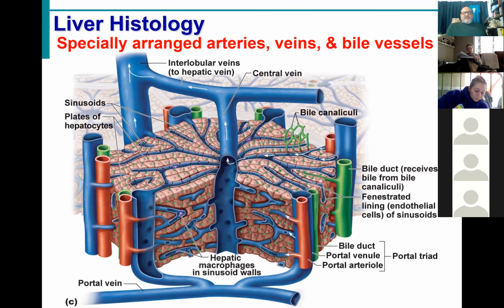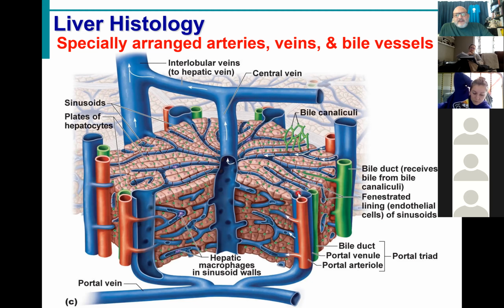Excellent. Notice here we have this beautiful 3D illustration that does a nice job of showing this for us. Again, here at the corners, we have that portal triad including a branch of the hepatic artery, a branch of the hepatic portal vein, and a bile duct. Notice the artery feeds oxygen-rich blood into the sinusoid capillaries.